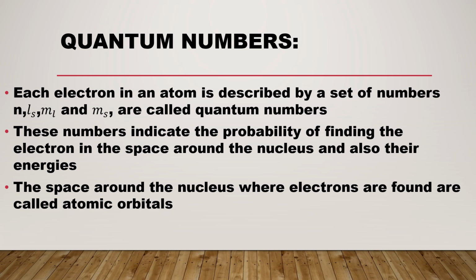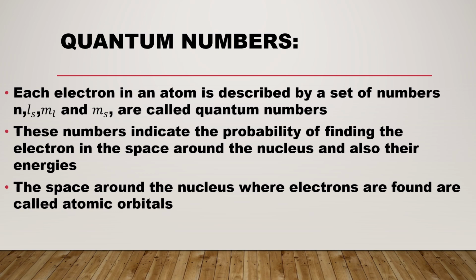Quantum numbers. Each electron in an atom is described by a set of numbers: n, l, ml, and ms. These numbers are called quantum numbers. These numbers indicate the probability of finding the electron in the space around the nucleus.